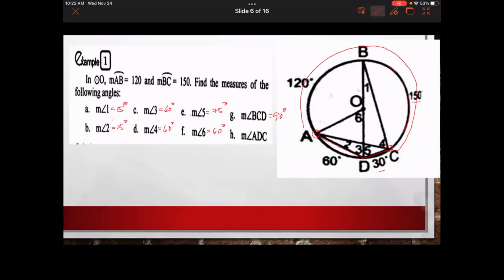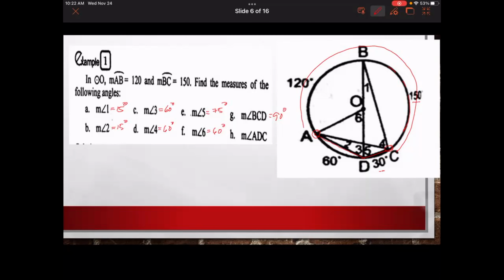Anyone? De Los Santos? Po. Paano mo nakuha si 90? Yung 120 po at saka po 60.